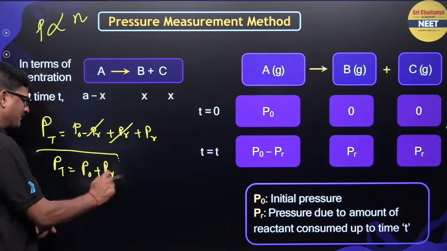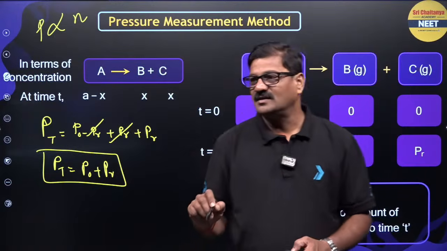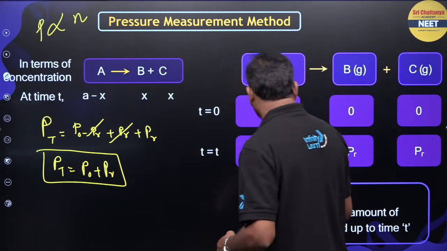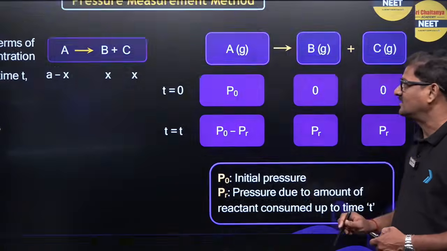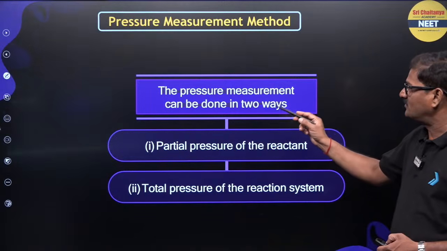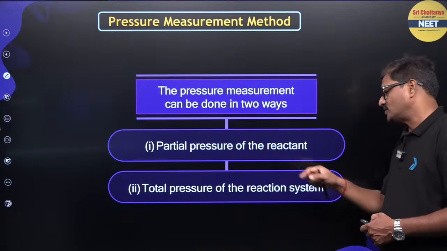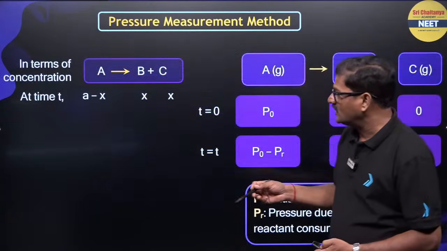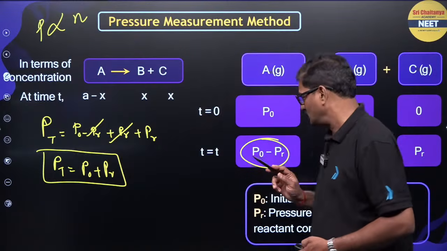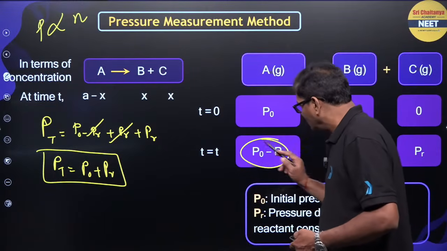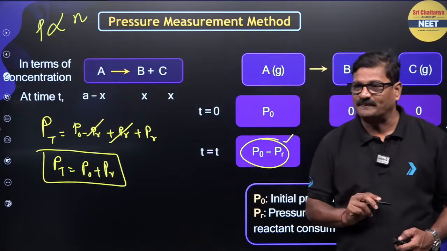You can say this. Total pressure is collected and calculated. So, you have to use this in terms of a first order reaction and put it there. The pressure measurement can be done in two ways: partial pressure of the reactant, or total pressure. This is called the partial pressure and this is called the total pressure. The partial pressure of the reactant at time T is very valuable, and we have to identify it from there.